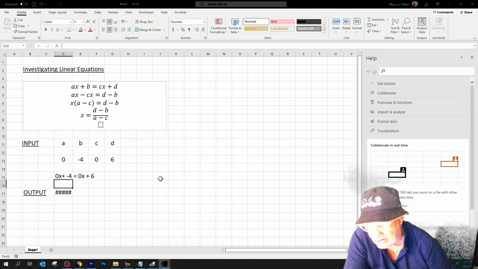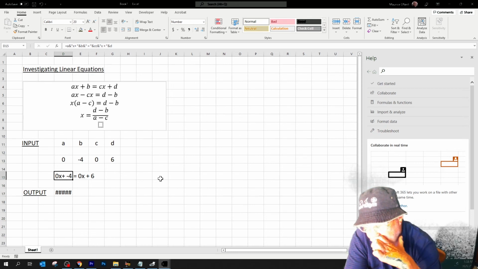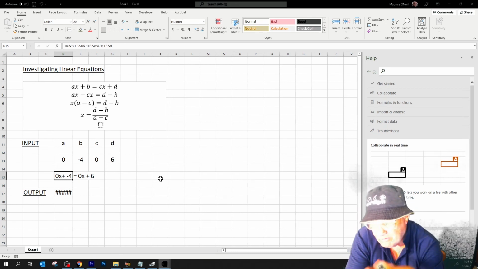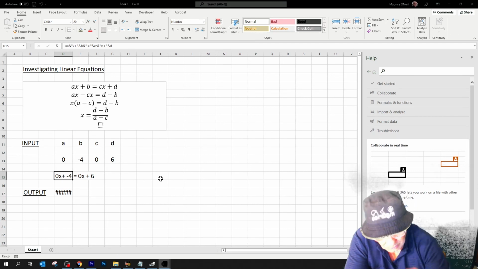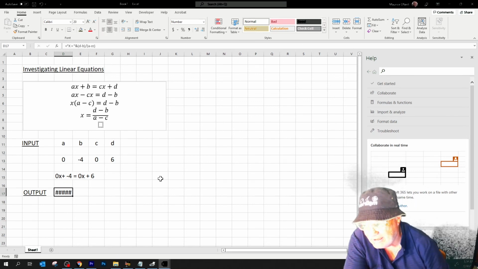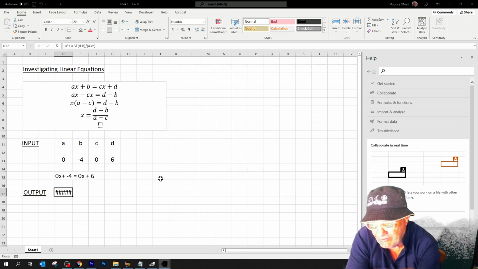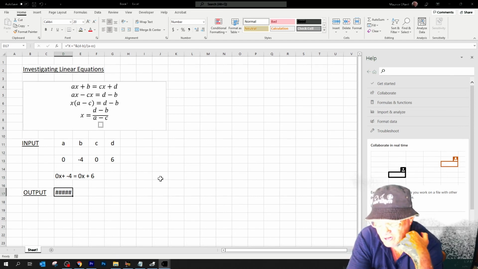So that's just not true, there's no solution. So we need to think about that and think, well, what is actually happening there? We've got no solution. We can see why, because negative 4 equals plus 6, that's just not true.